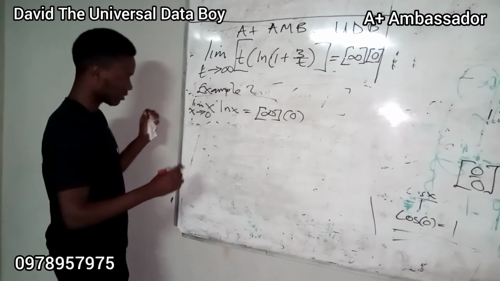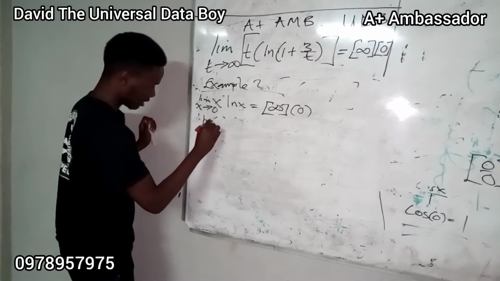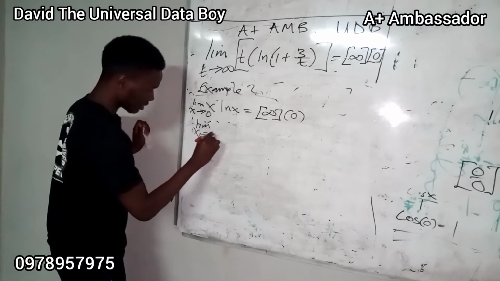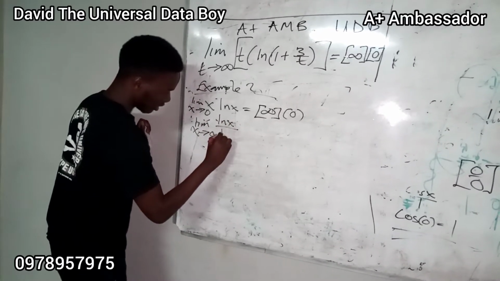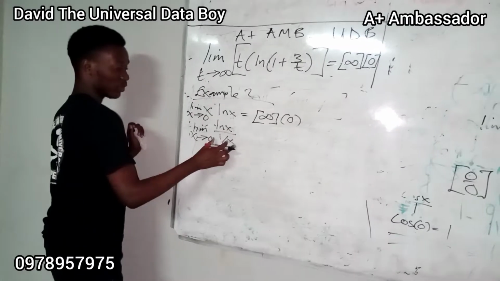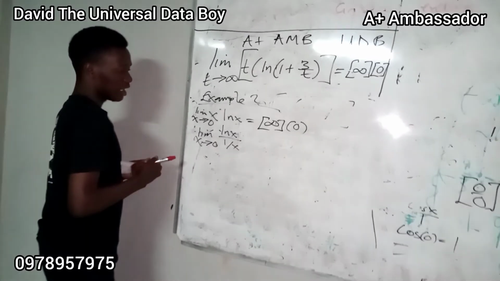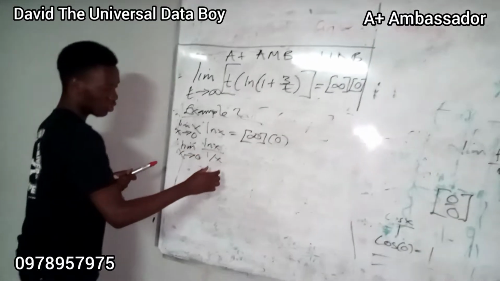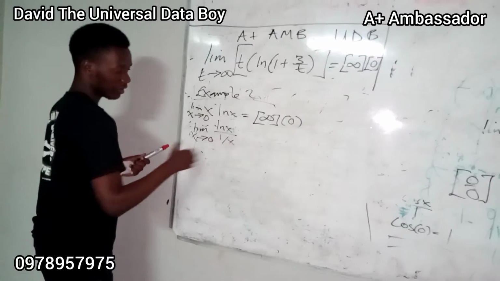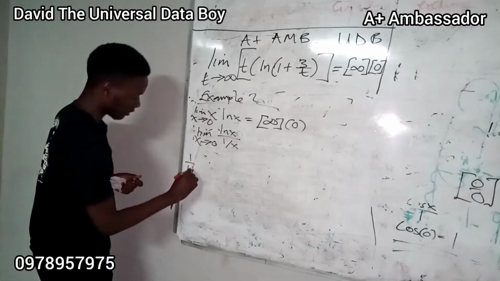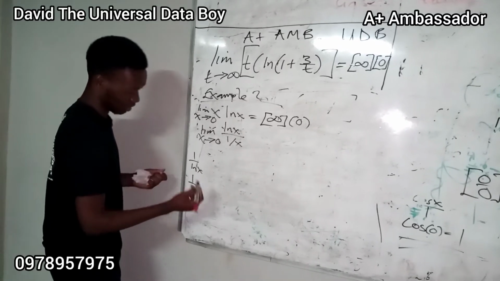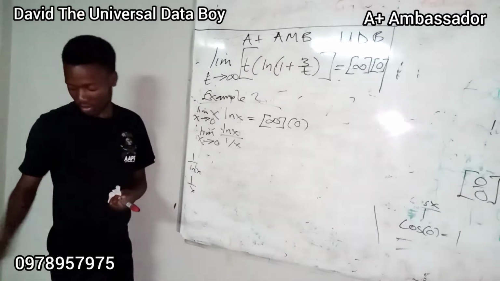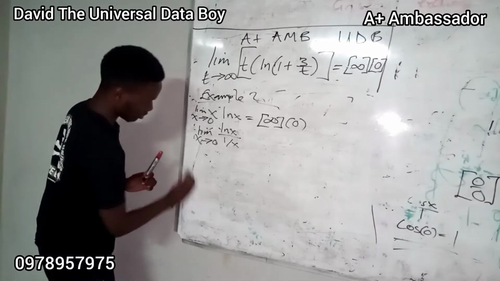What we're going to do is get the limit as x approaches 0 of natural log of x, then 1 over x. We're going to put this one in the denominator. If we put natural log of x down there, we're going to have to differentiate 1 over natural log of x, and we don't know the derivative of this one, but we know the derivative of 1 over x. It's quite simple.